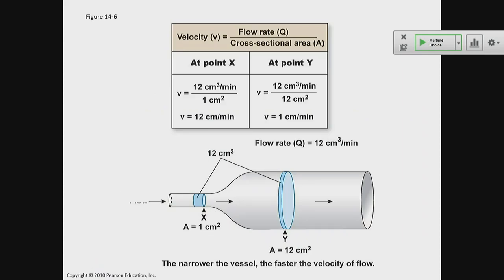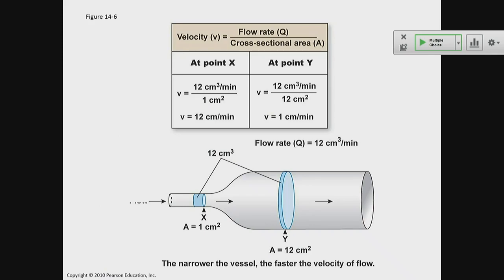The last parameter that we need to consider is the velocity of flow. I hope this is not too counterintuitive, but the velocity of flow is inversely proportional to the cross-sectional area.